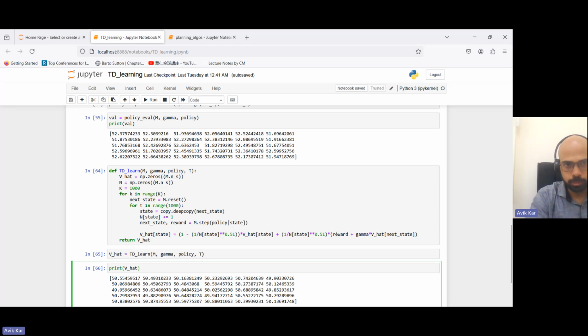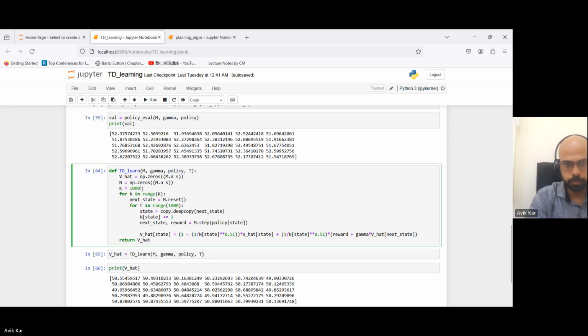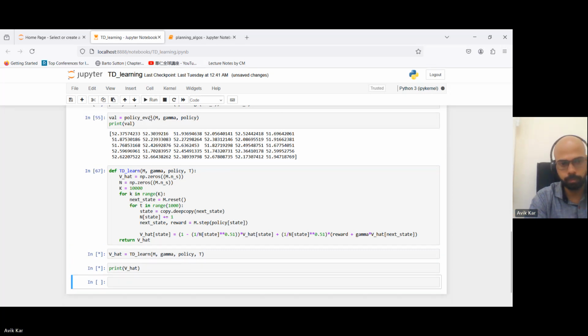It is much closer. If we try with a higher value of k, maybe it will give much better results. So it will take some time to run. Meanwhile, we can discuss the Q-learning algorithm, and next we have to code. And when we come back to code the Q-learning, we will see the result of this part.